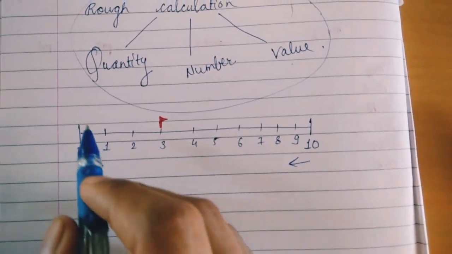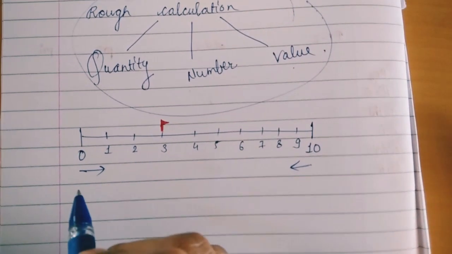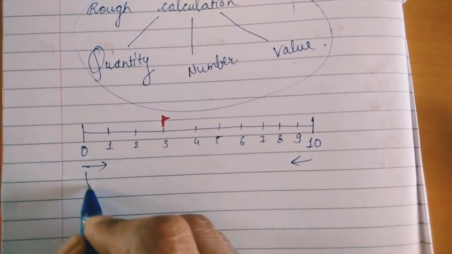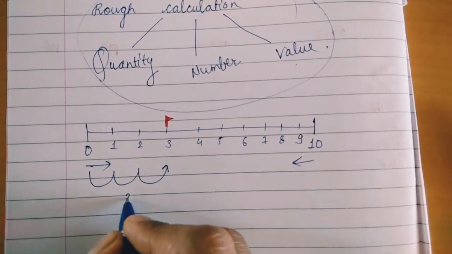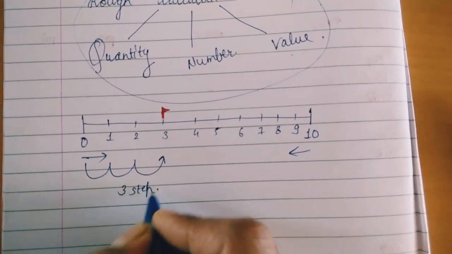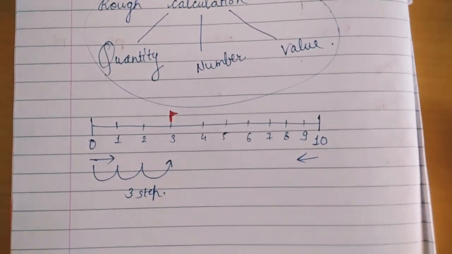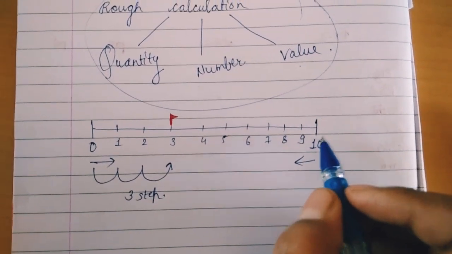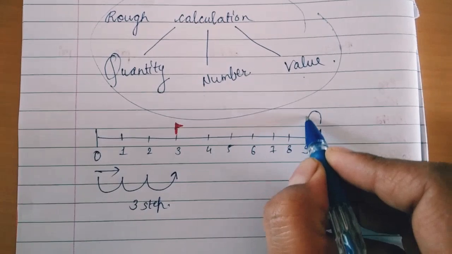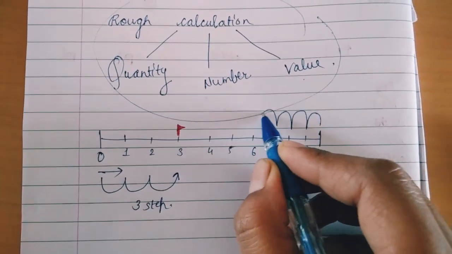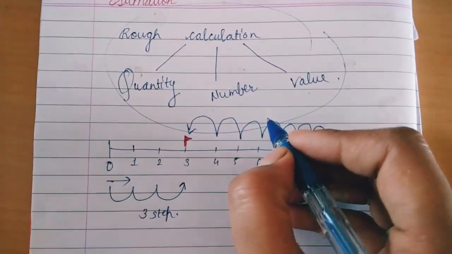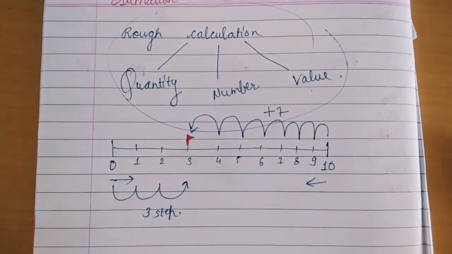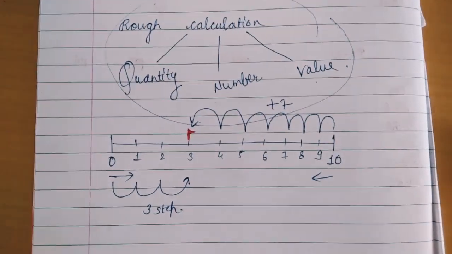For reaching the flag from 0 we need to take 1, 2, 3 steps. So in 3 steps we can reach the flag, but when we move from 10 we need to take 1, 2, 3, 4, 5, 6, 7 steps to reach the flag.